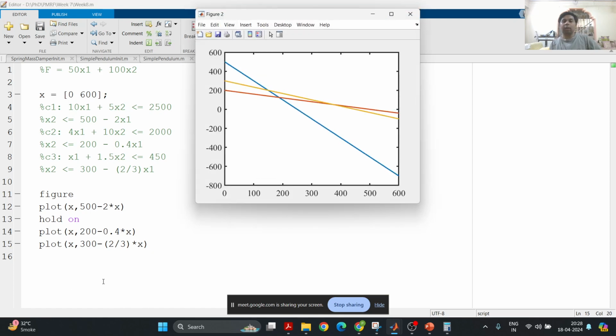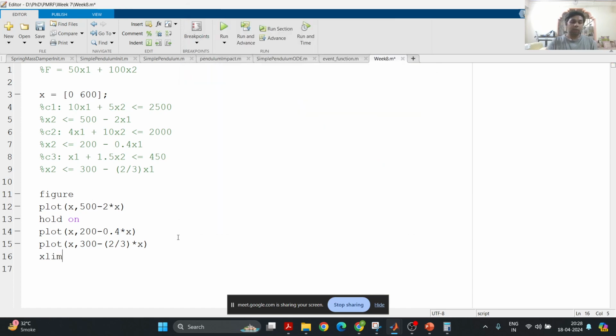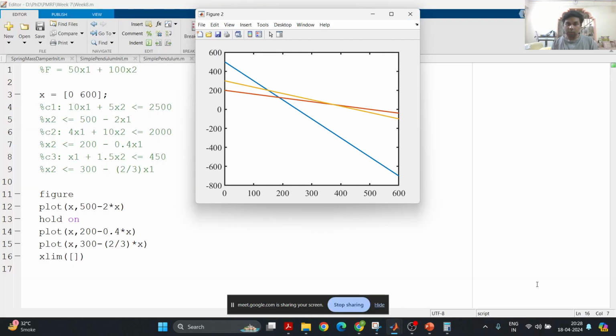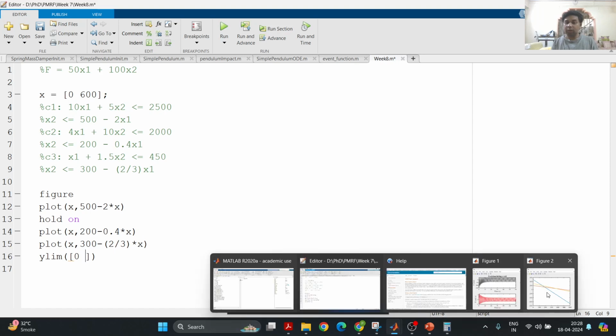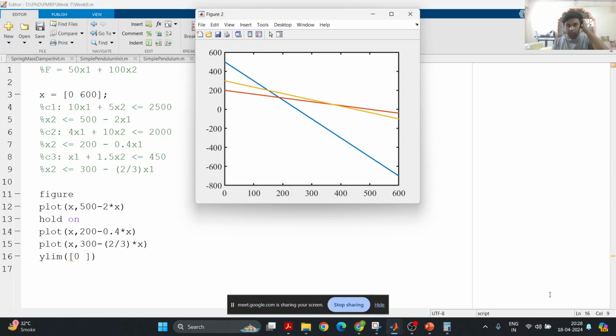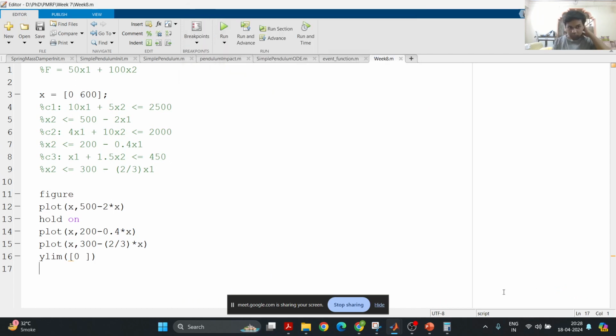So here we get the plot of all the three constraints. Now we can put a limit on the value of y from 0, because we will discard the negative values.